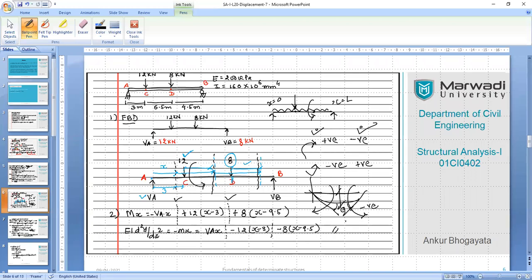I advise you to note down this question and try to solve this problem by calculating theta D and yD, right? When you do it, your basic equation will not get changed. So this is half the work done for you already. You just need to replace x values accordingly.